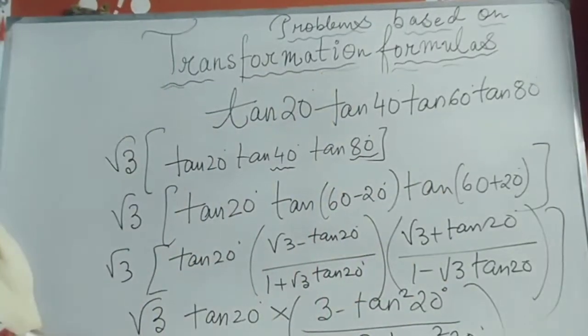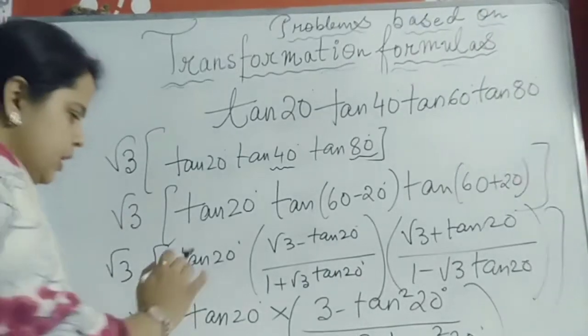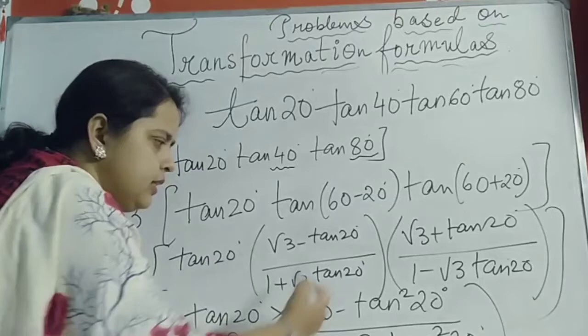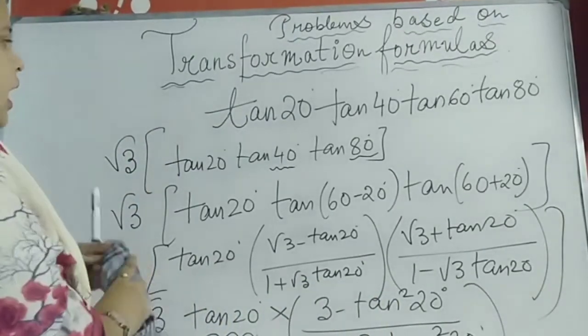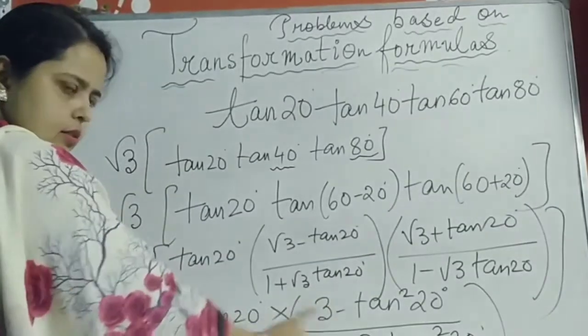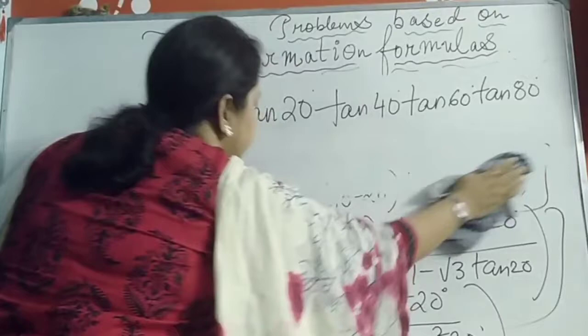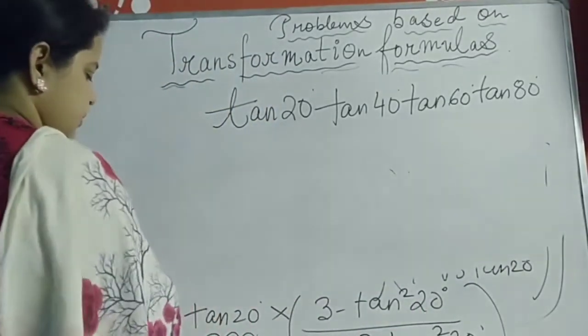Okay. Now, after this, listen very carefully. This tan 20, I am going to multiply this tan 20 here inside. So, after multiplying, see, I am erasing it and I am going to rewrite this here.